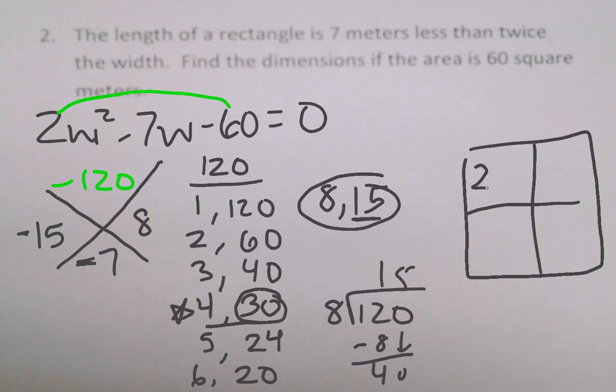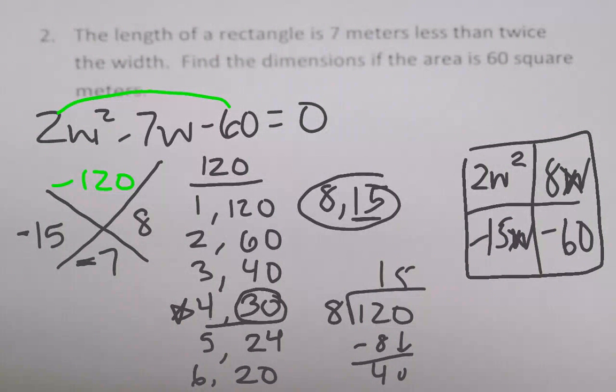Let's put our first term in the first box, last term in the last box, and my X factors go on the diagonal. And we need to take out a GCF. Does anything go into 2 and 15? No. Oh, and look, I didn't use the right variable. There we go. Those should both be W. Just as long as you're consistent. There is a W in both, so I can take out a W. What goes into 8 and 60?